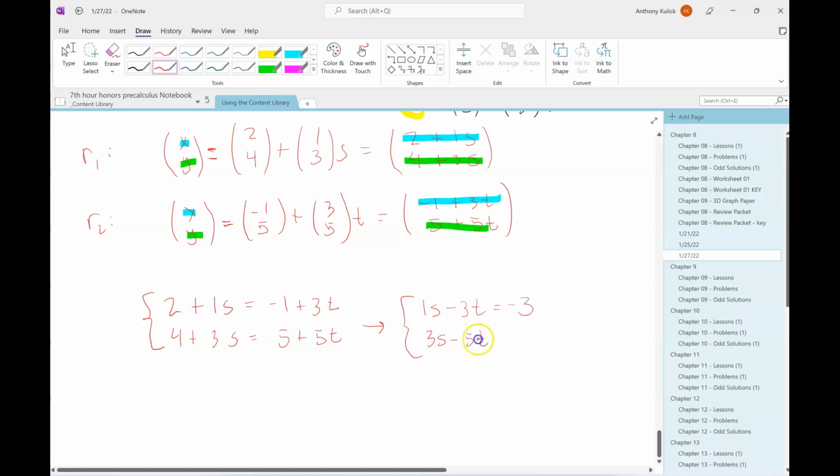We'll do the same thing in the second equation. And now what we'll do is we'll solve this system.